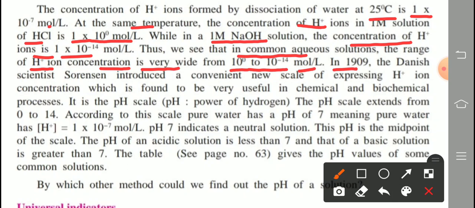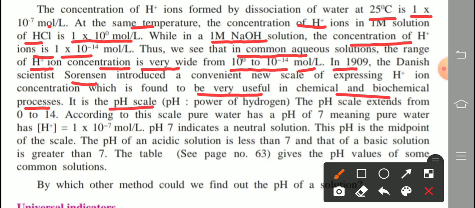In 1909, the Danish scientist Sorensen introduced a convenient new scale of expressing hydrogen ion concentration, which is very useful in chemical and biochemical processes. That scale is called the pH scale.